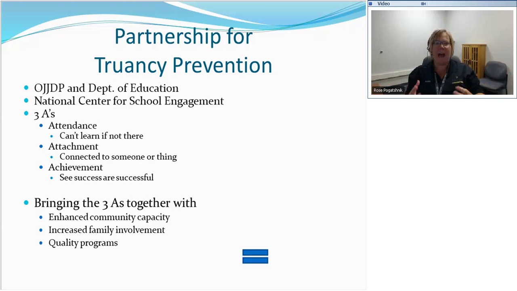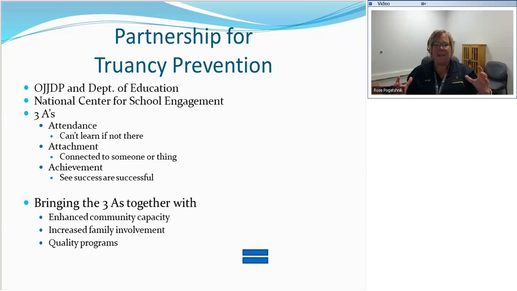And then kids need to have achievement. Kids who see success are successful. The No Child Left Behind Act definitely had problems, but ultimately the focus was good, because we know that kids who see success, even if it's tiny baby steps, their successes need to be celebrated, because kids who see success become successful.